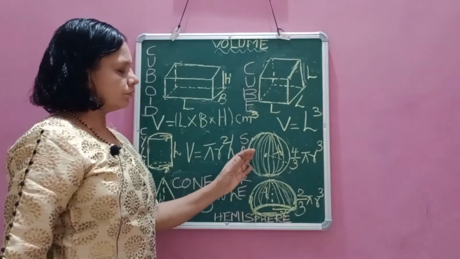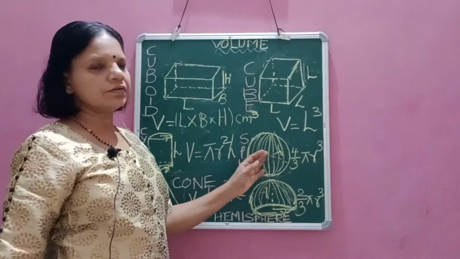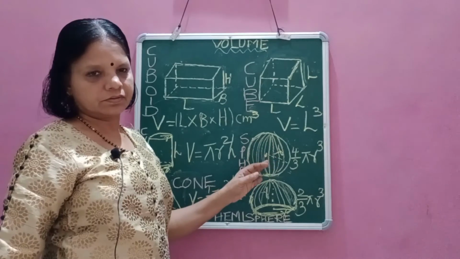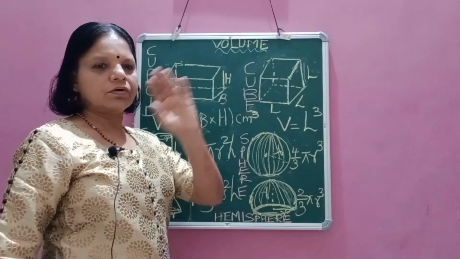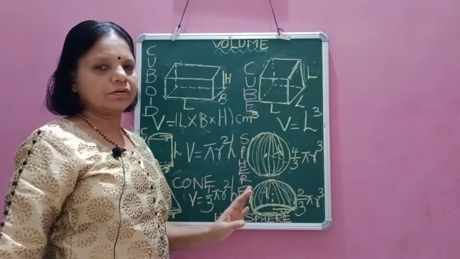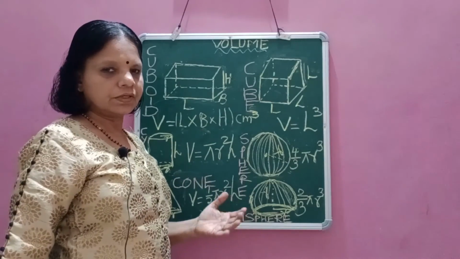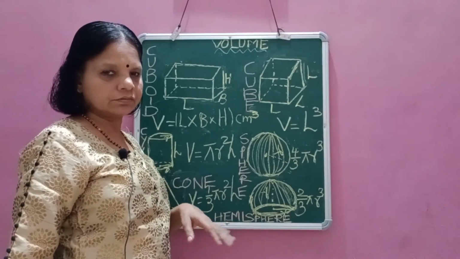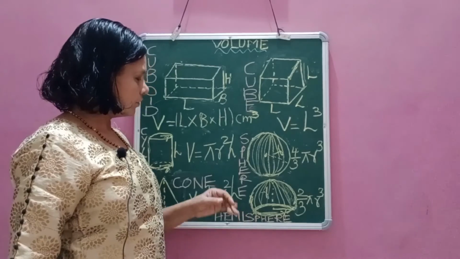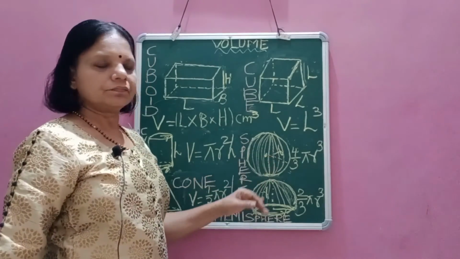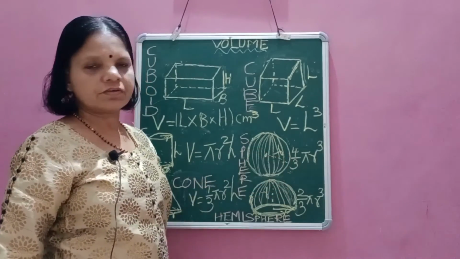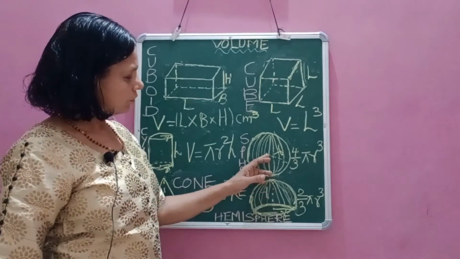Next comes the figure. This is nothing but sphere. Sphere has only one face, that is curved. There is no edge, there is no circular face. So only one radius for the sphere.